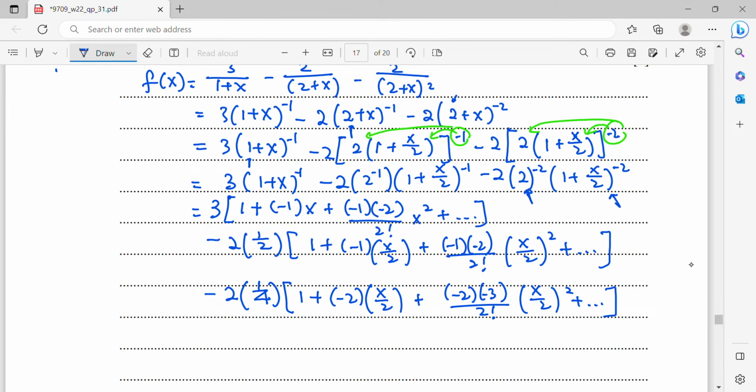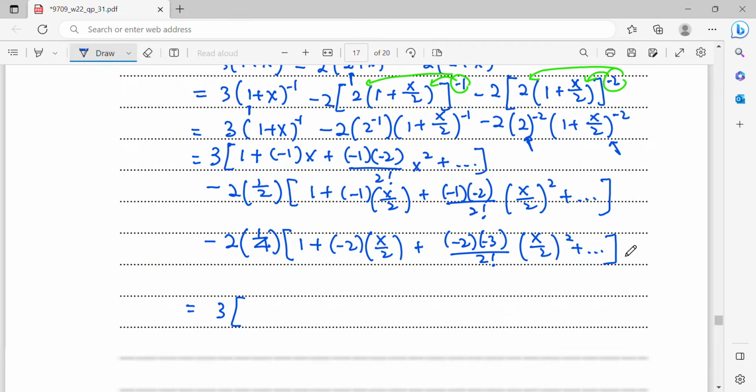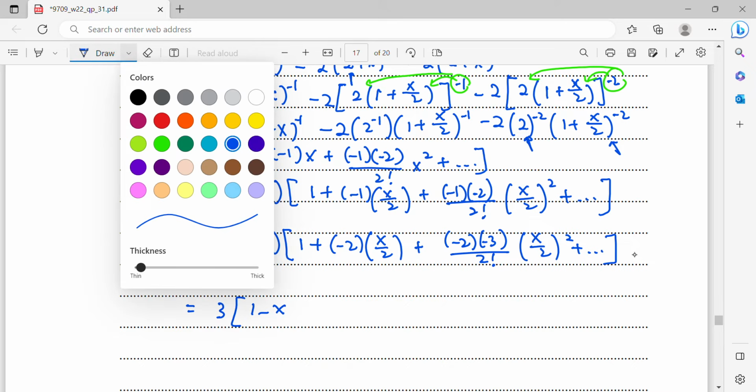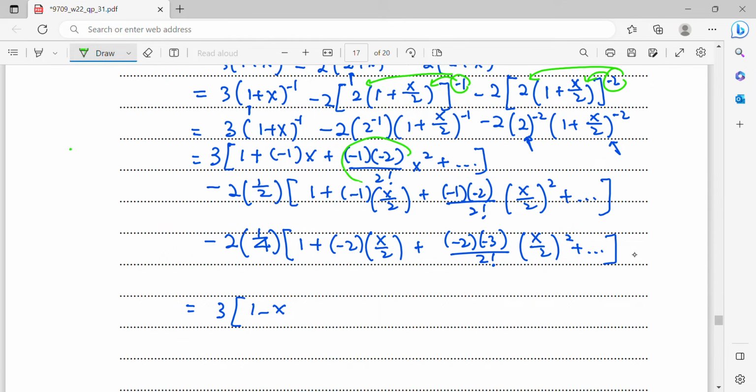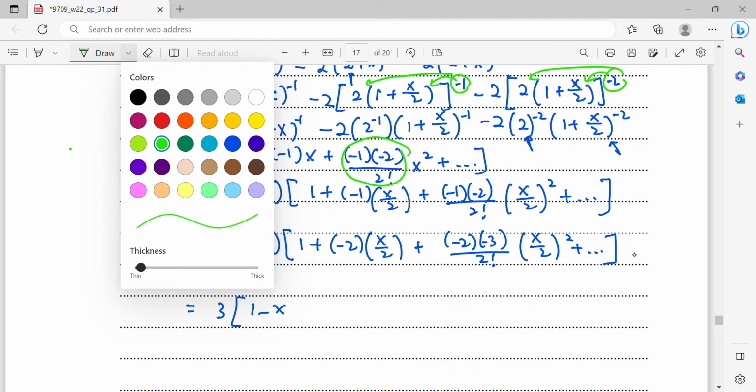From here, I will simplify all the terms inside the brackets first. So I will get 1 plus minus x is minus x. The next term here is going to be 1. Therefore, I'm getting x squared.